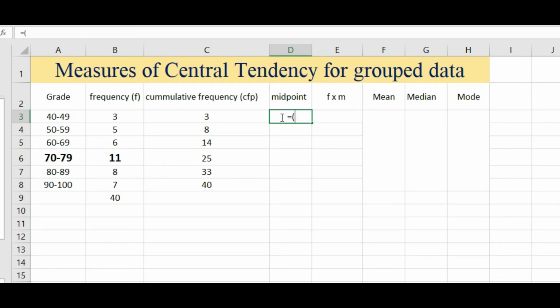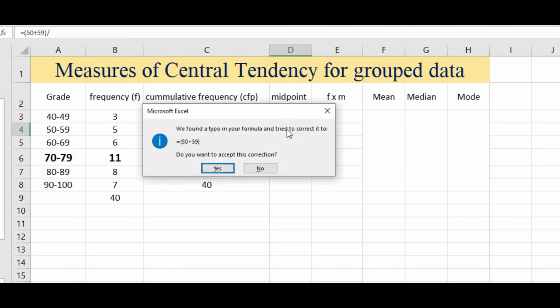Enclose it in a parenthesis because on your formula, it is important to add first before you divide by 2. So 40 plus 49 in close parentheses divided by 2. So you have 44.5. Then you will go to the next data, 50 plus 59 divided by 2.